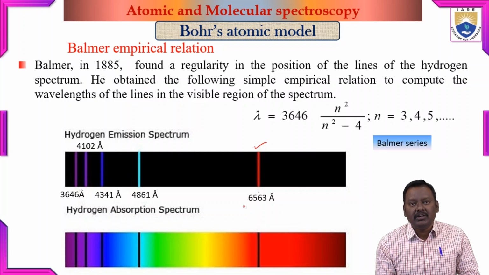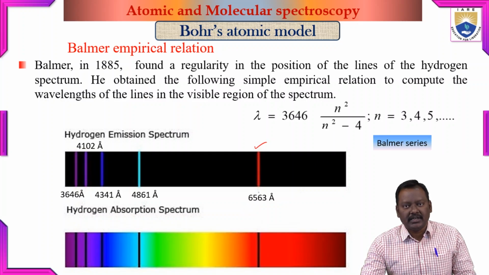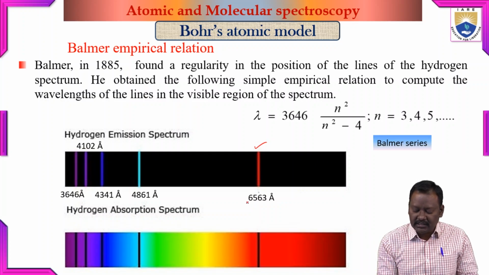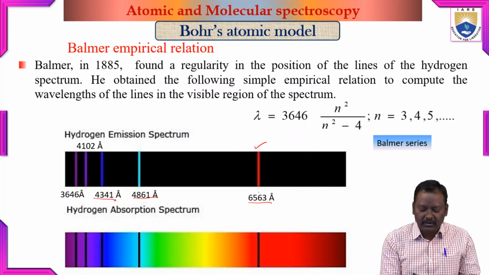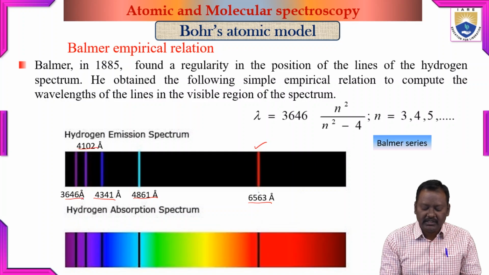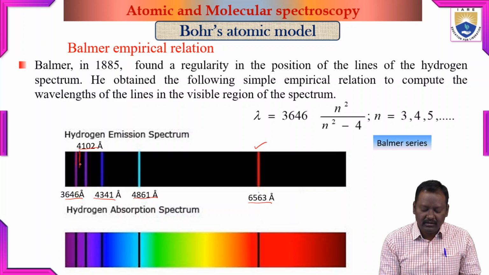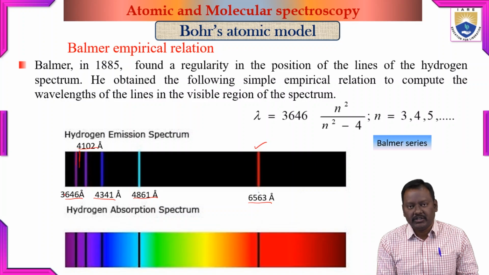For example, whenever monoatomic hydrogen gas is exposed to higher temperatures, it emits radiation, particularly in the visible region at 6563 angstrom, 4861 angstrom, 4341 angstrom, 4102 angstrom, and there are several lines from 4102 down to 3646 angstrom.